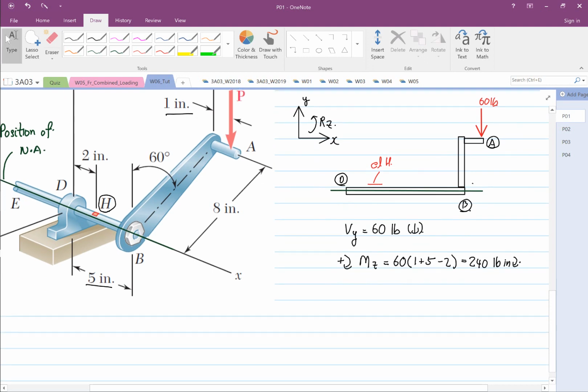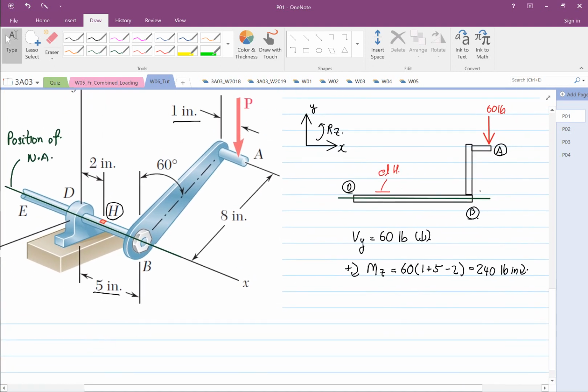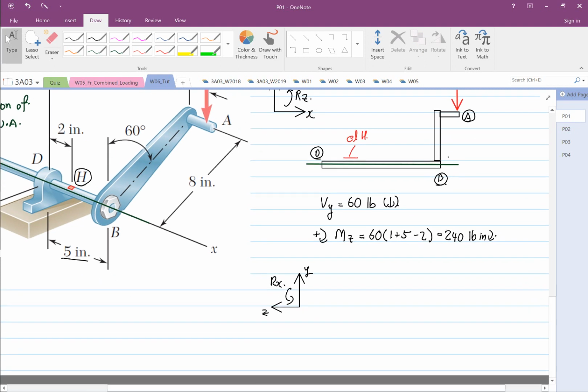Nope. So we look from another view, the YZ plane. This is rotation in the X direction. So what you will see now is a circle.